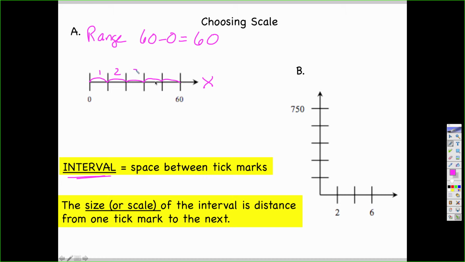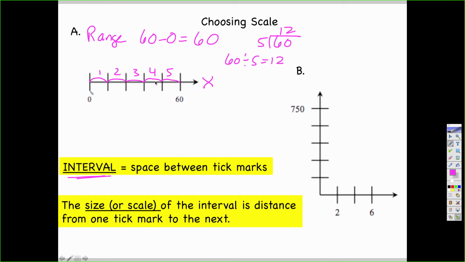Okay, so I'm just going to label those. Those are my intervals. So I want to label the size of my scale evenly. These are evenly spaced, and I have 60 units. So 60 divided by 5 is 12.